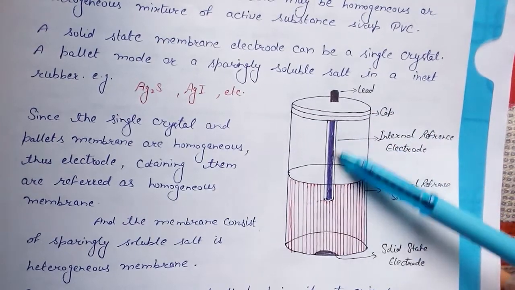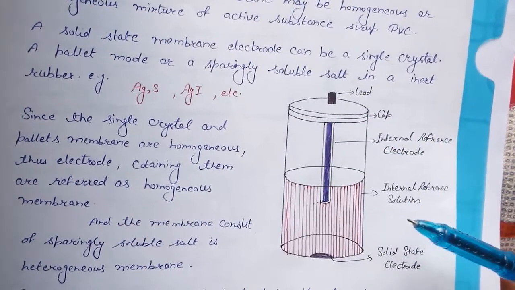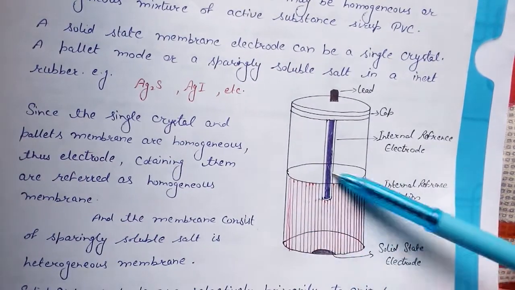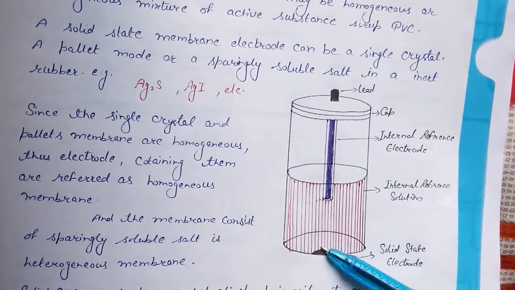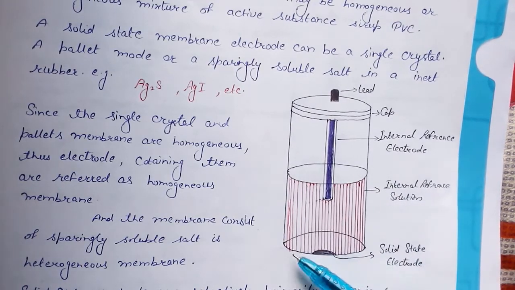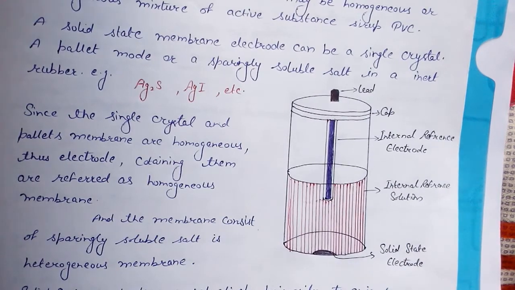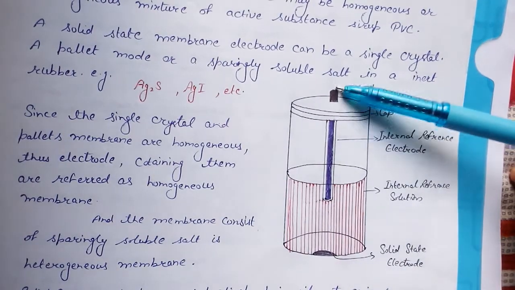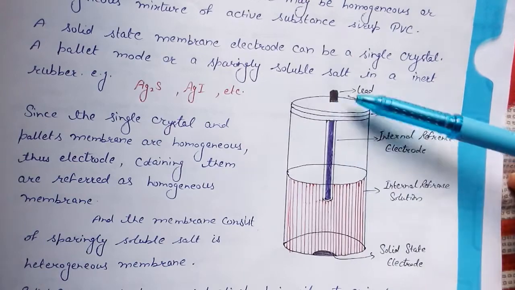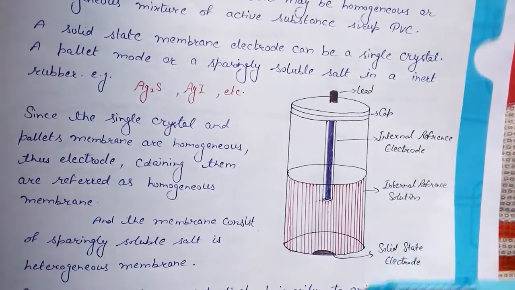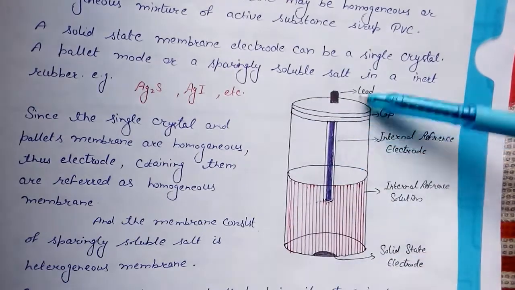This is the internal reference electrode, and this is the internal reference solution which fills half of this container. This is the solid state membrane at the bottom of this container, and here is a lead all over the cap, right? This is the diagram of the solid state electrode, and this is a glass tube form.